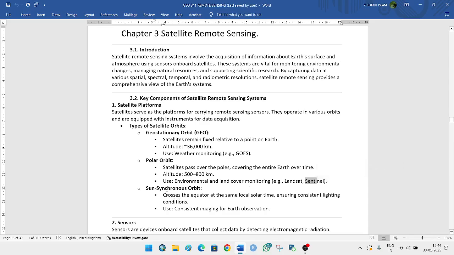And then comes the sun synchronous. I mean, the path is synchronized with the sun. So all the time the satellite remains in the lighting condition. This is also kind of sun synchronous here.